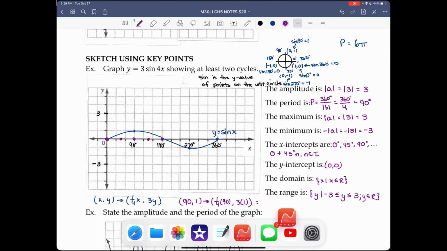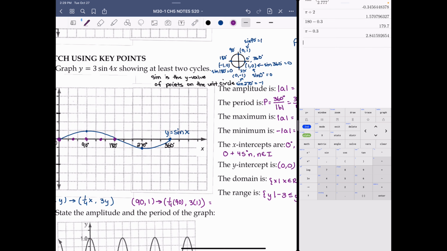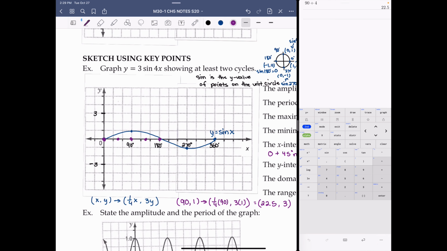A quarter of 90, 90 divided by 4, is 22.5, and then 3 times 1 is 3. 22.5 would be halfway between 0 and 45. So halfway between those points and up to 3, somewhere around here.